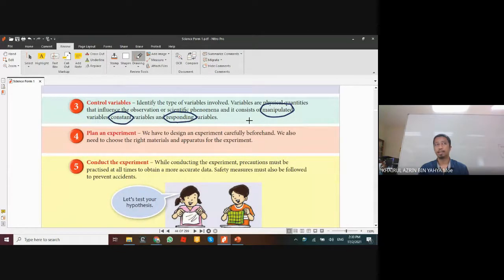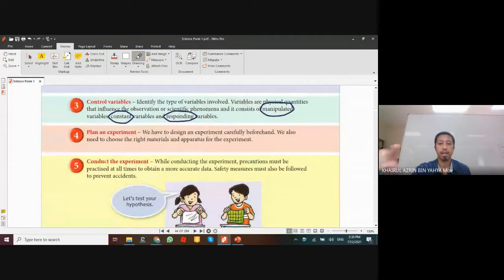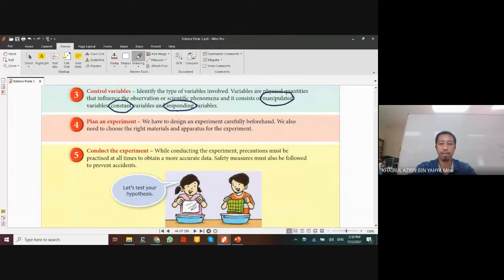Examples. Assume that in this experiment, the manipulated variables here are 2: first tissue, second cloth towel. First tissue, nombor 2 kain, that is manipulated. We change the item here.